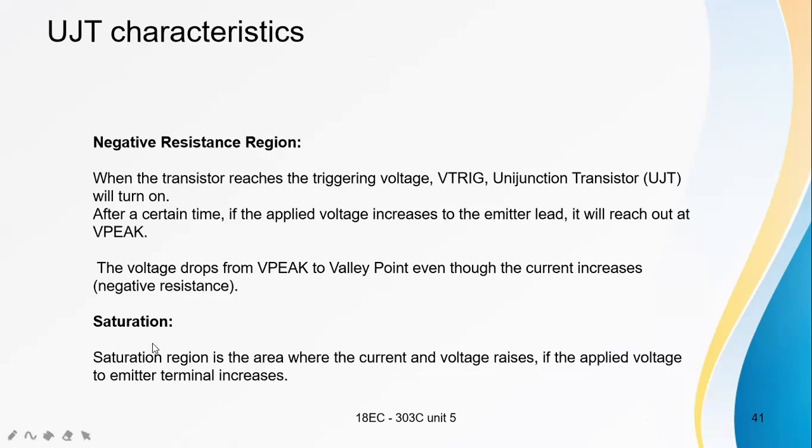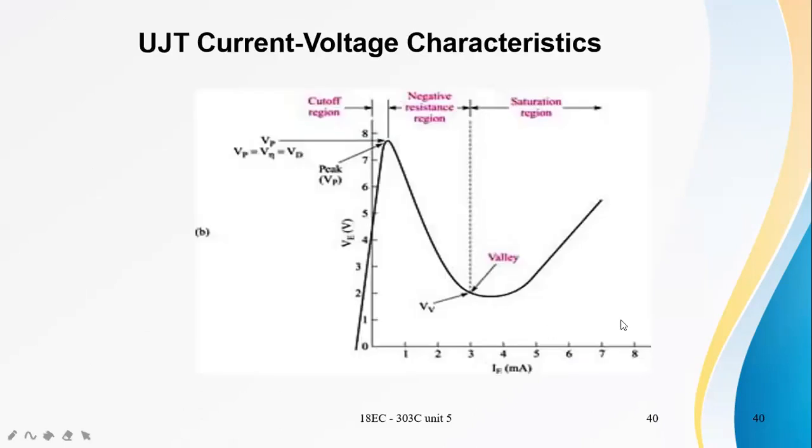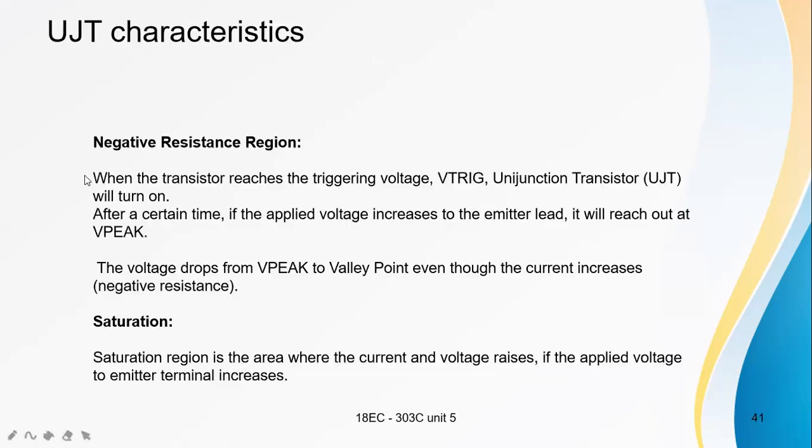The third region is the saturation region. Saturation region is the area where the current and voltage rise. In the saturation region, the current is increasing and the voltage is also increasing. This region is called the saturation region. The applied voltage to the emitter terminal increases.